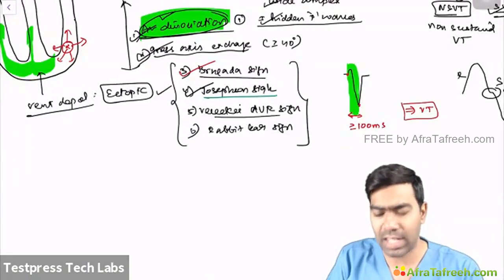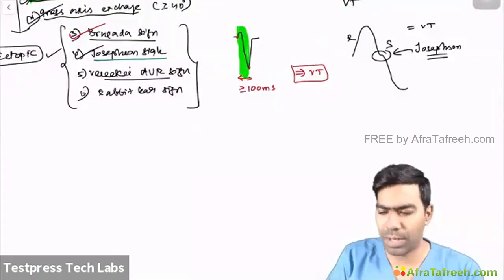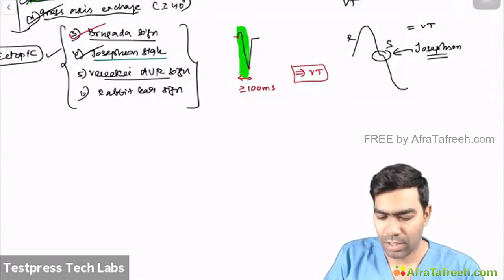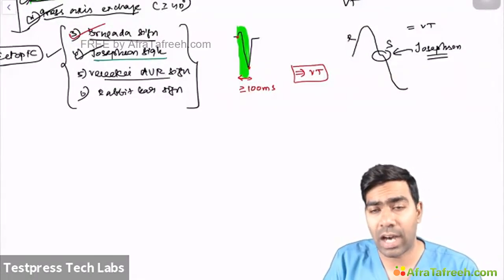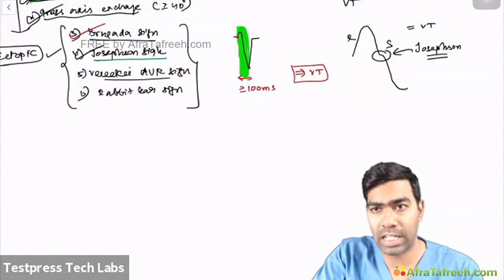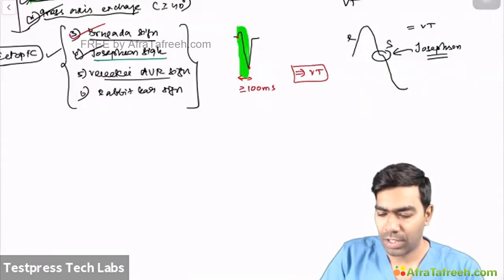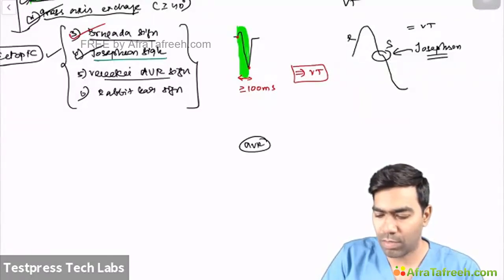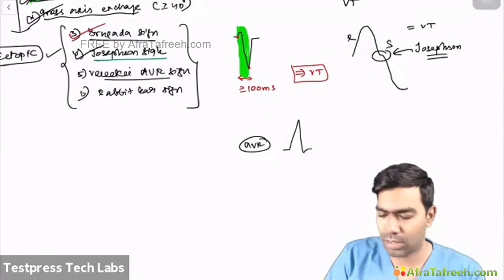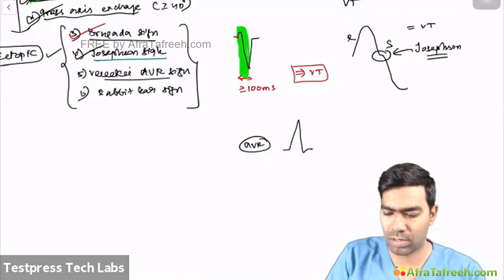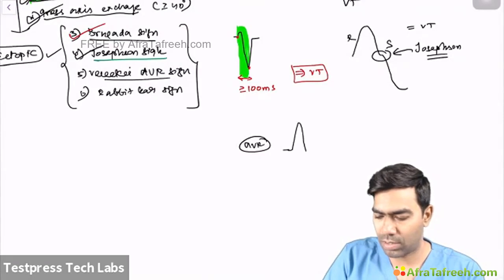Then we have Verreki's AVR sign. What do you mean by Verreki's AVR sign? Verreki's spelling is Vereckei. In AVR, you will be seeing a fully positive complex like this.